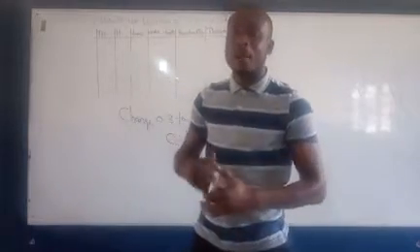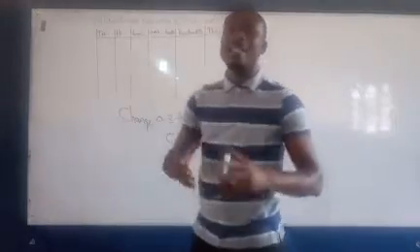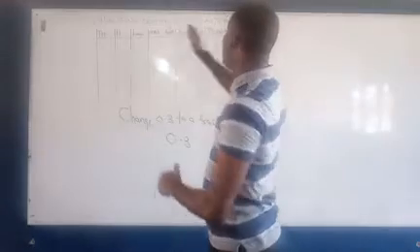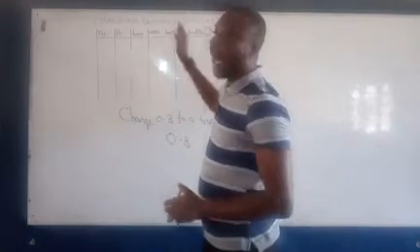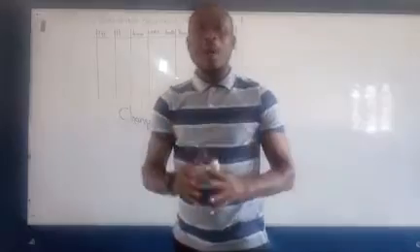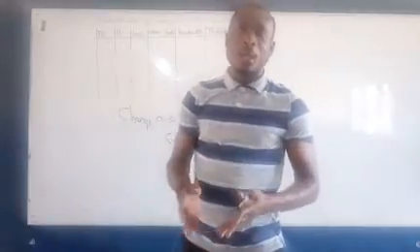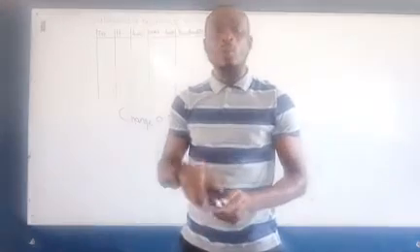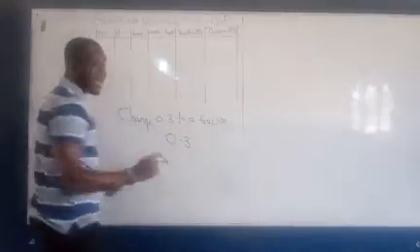Then on our right hand side, that is where we are going to put the decimal values. On the right hand side, we don't begin with ones. After the decimal point, the naming starts with tenths.